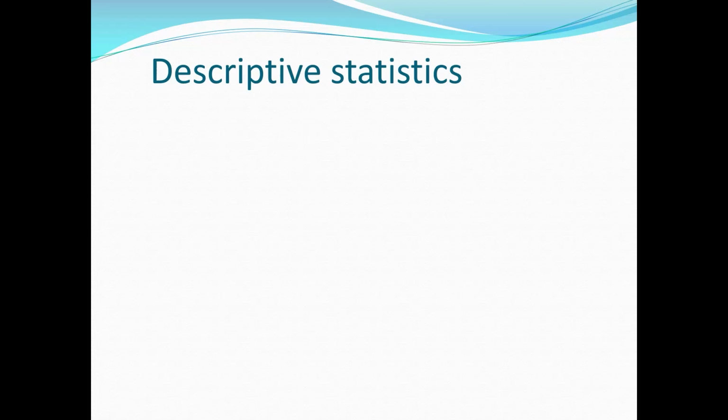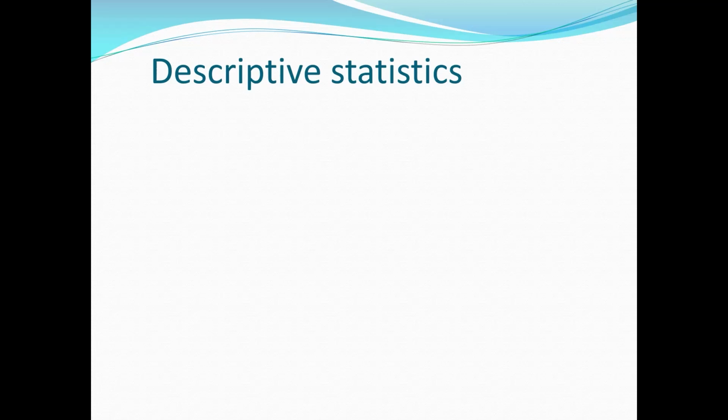What is the academic status of the class? See, we want to know what is the academic status of the class, because we have collected the marks of the class as a whole. We are not interested in one student or two students. The teacher may be interested. That is different. Here, when we have the data of 50 students, we are interested in what is the academic status of the class.